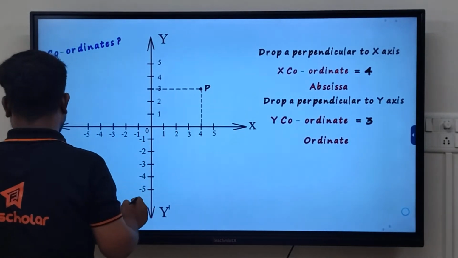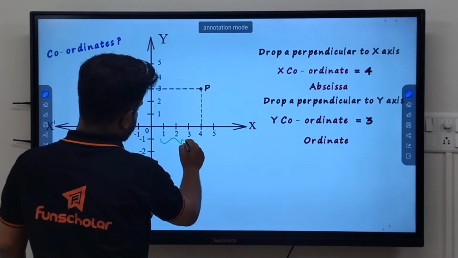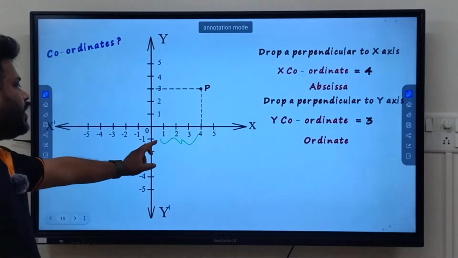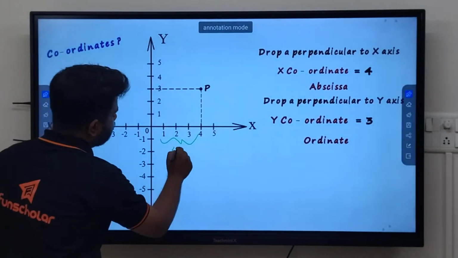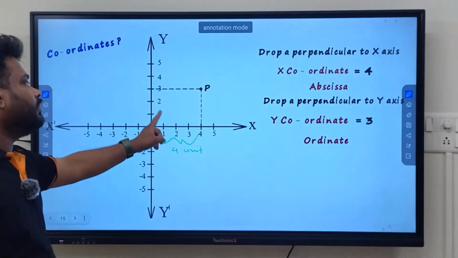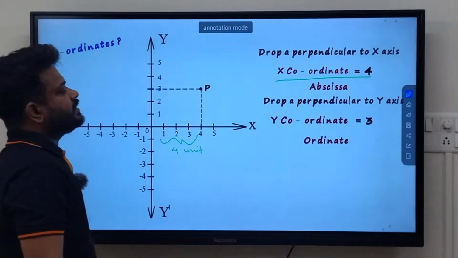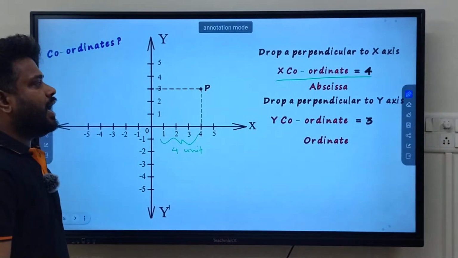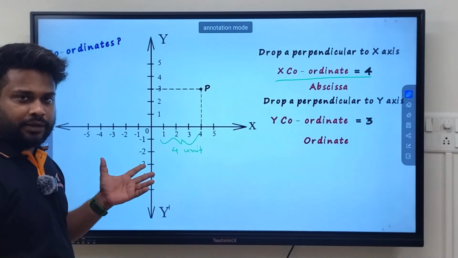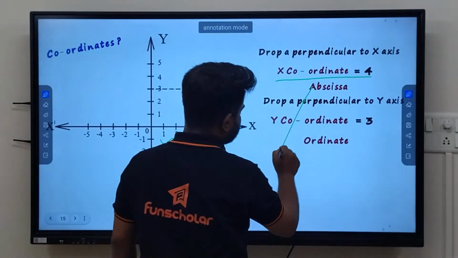So this point will be 4 units, just like we can see from the image, and they have also written it over here. This will be called the abscissa, or base.